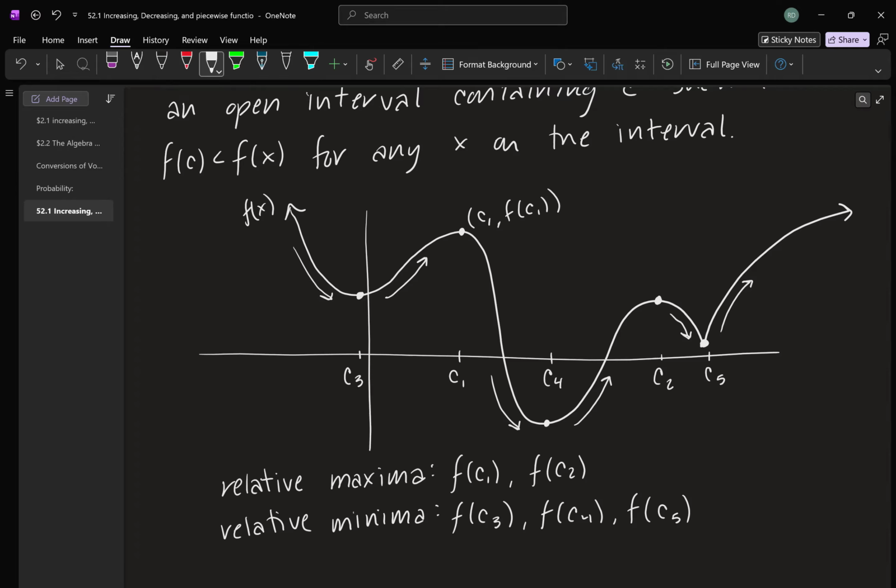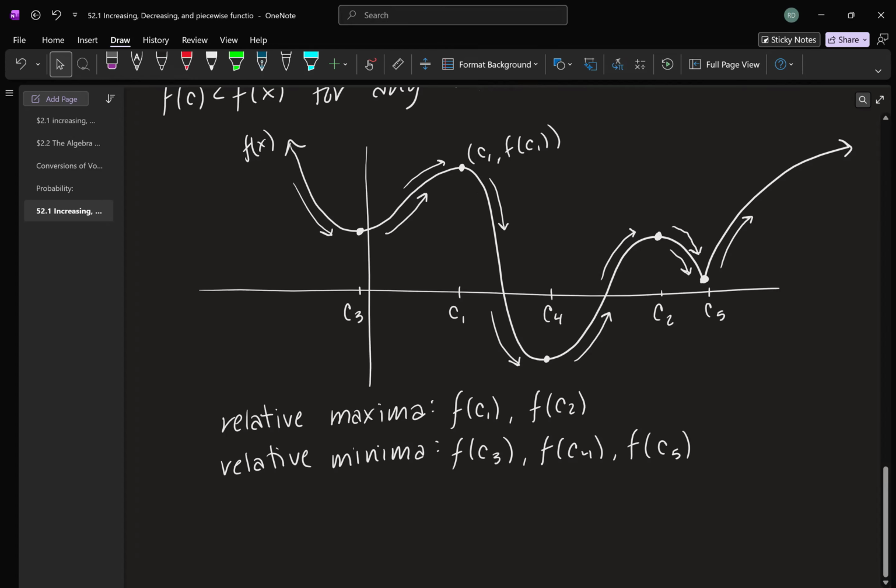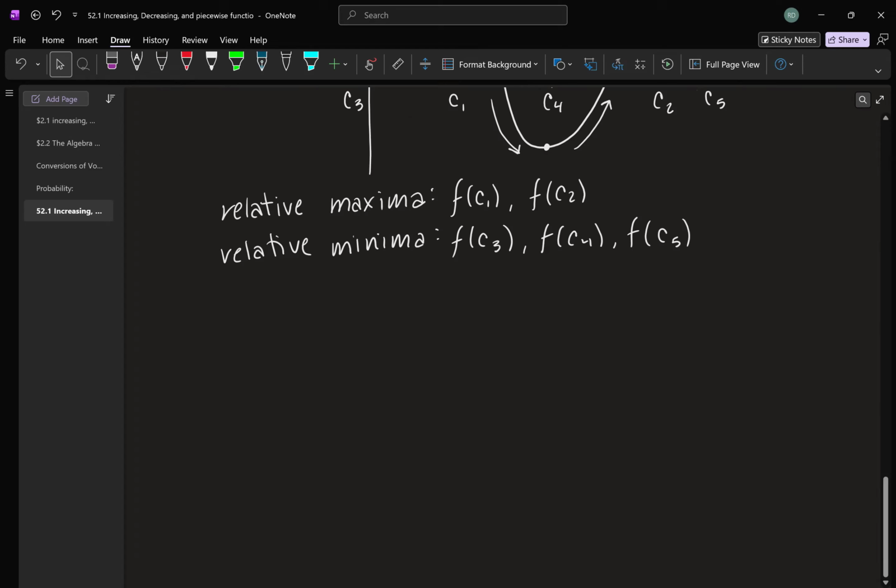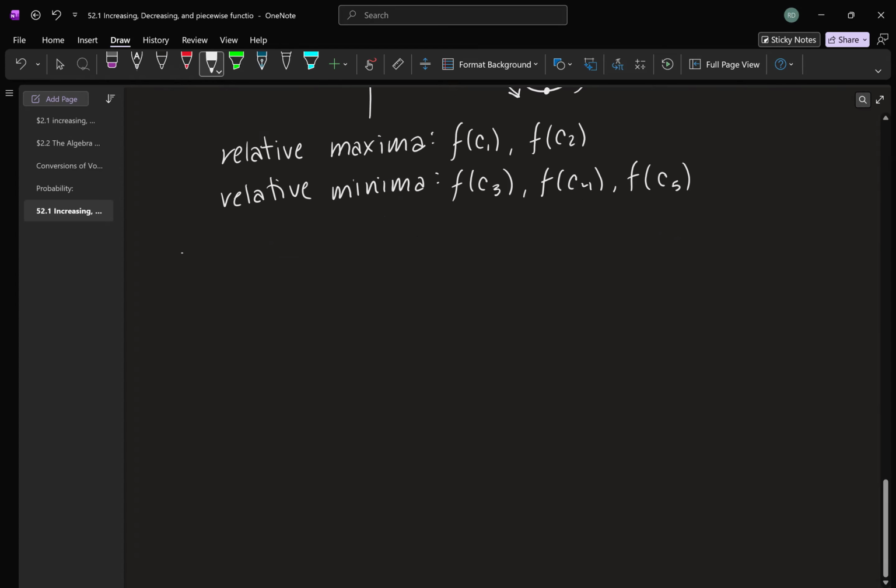Similarly, relative maximums are always created by going from increasing to decreasing. So it's the point at which we change from increasing to decreasing. So in order to find these intervals of increasing and decreasing, we're going to have to use the maximums and minimums. So let's see an example here.